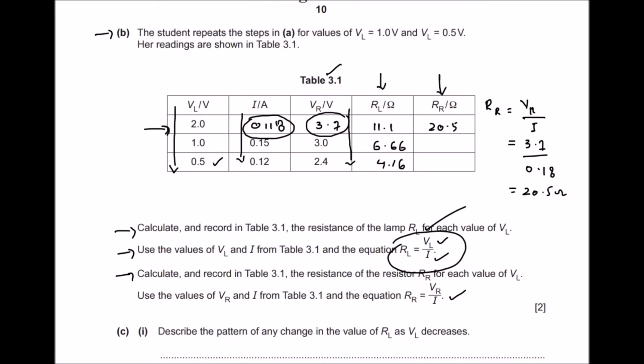Similarly, you can find the resistance of the resistor using the second observation. The voltage is 3 divided by 0.15. You will get 20 ohms. For the third, voltage is 2.4 divided by 0.12. Then you get once again 20 ohms.